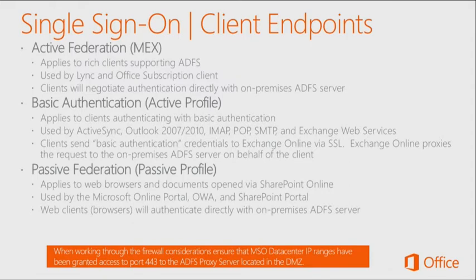The client sends basic authentication credentials to Exchange via SSL. Exchange proxies the request to the on-premise server. Passive federation applies to web browsers and documents opened via SharePoint Online, used by the Microsoft Online Portal, OWA, and SharePoint Portal. Web clients will authenticate directly with the on-premise ADFS server. Okay.